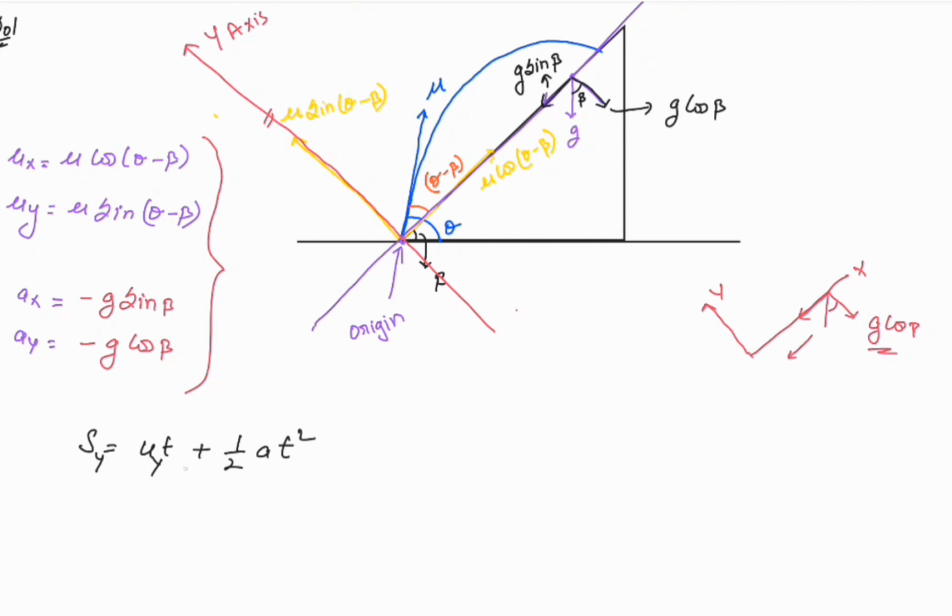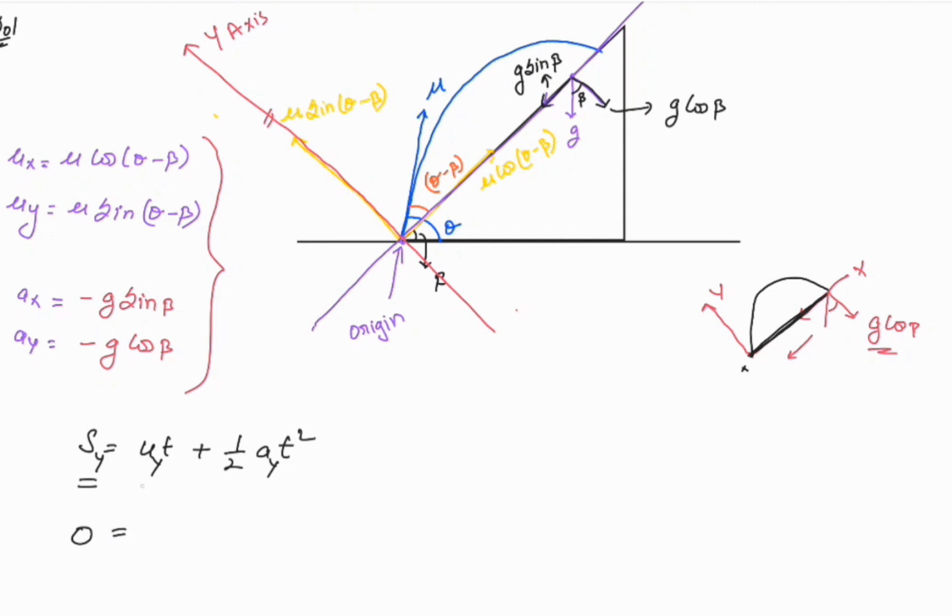Put y and y. What is the S of y? What is the displacement in the y-axis? 0. Because the particle has been thrown like this and reaches this. Here it will have some coordinate, but the displacement in the y-axis is 0.